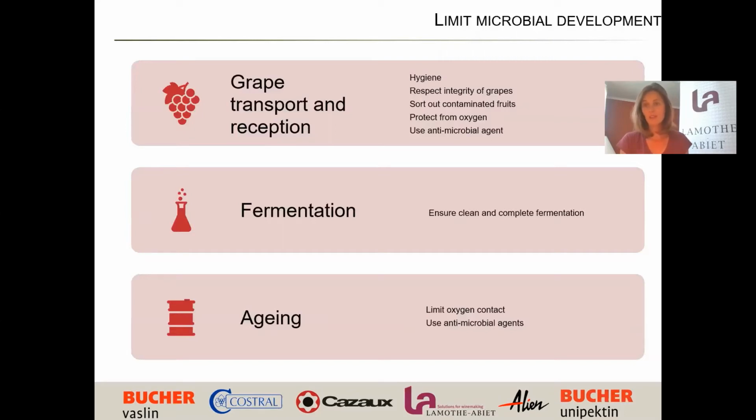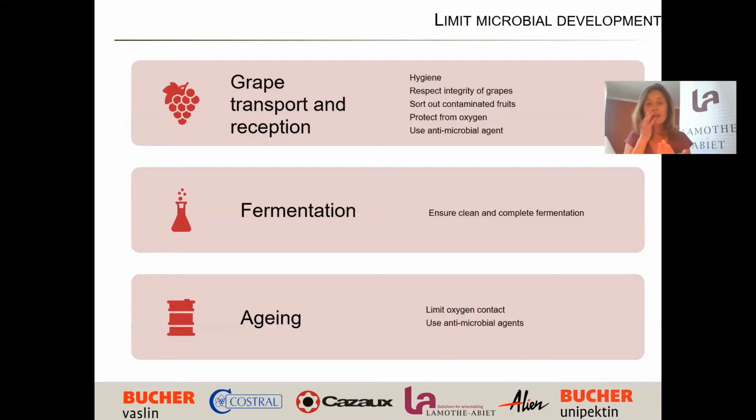So you limit this high-risk situation, which is a good idea when you want to control microbes and reduce sulfur. And then we will talk about aging, where mostly it's going to be limiting oxygen contact because it is a nutrient for the spoilage microbe, and also using antimicrobial agents as preventive as early as possible in the process.